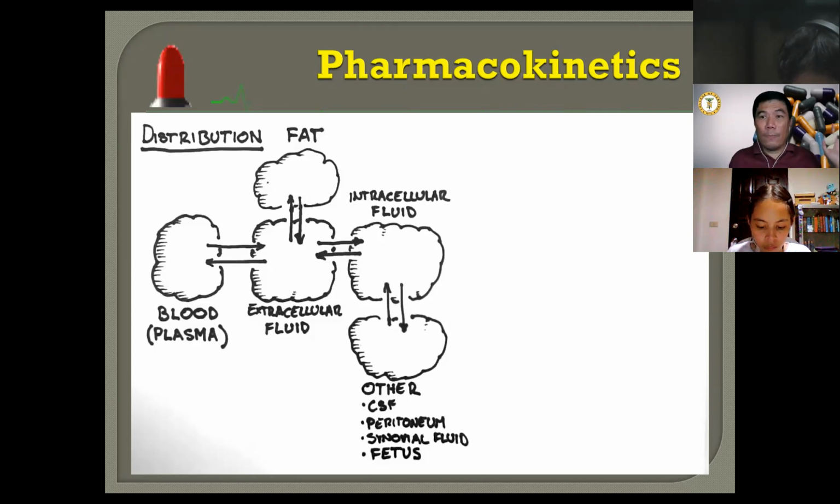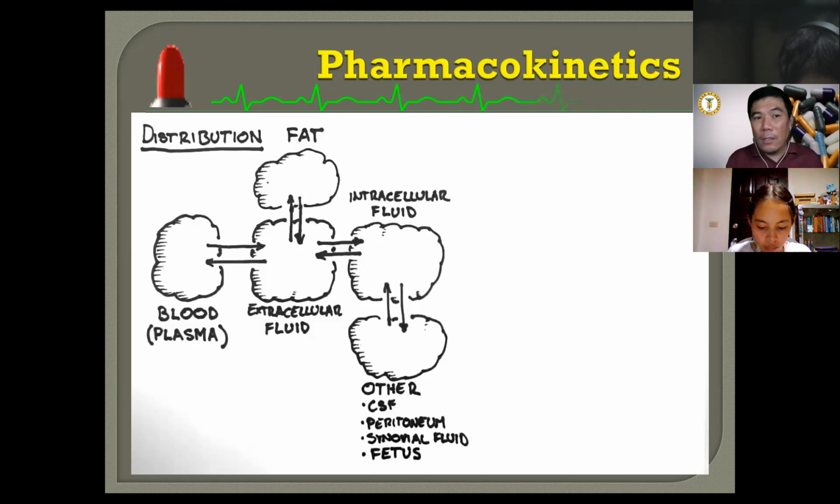These fluids are the ones that carry nutrients to the cells. And somehow, it is just the same as for the blood. The part of the blood that carries the nutrients, specifically with the chemical properties of the drug, is through plasma.